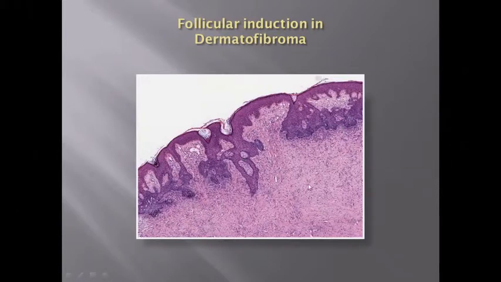So it is nicely seen, just overlying dermatofibromas. To the inexperienced eye, this could well be BCC arising in the background of a dermatofibroma. But we all know that this is just follicular induction, which is seen in the background of dermatofibromas.